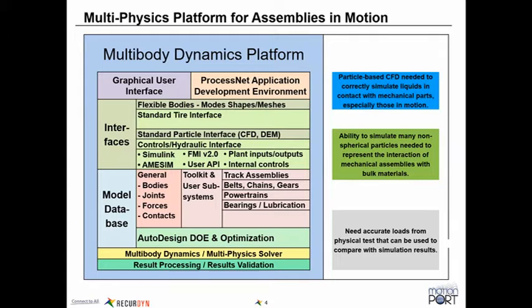So we were looking for something to address this need, to help people obtain loads that could be directly compared with Recurdyn loads, but to do that in a way that was more achievable. So we'll be talking about that quite a bit in the next few minutes.